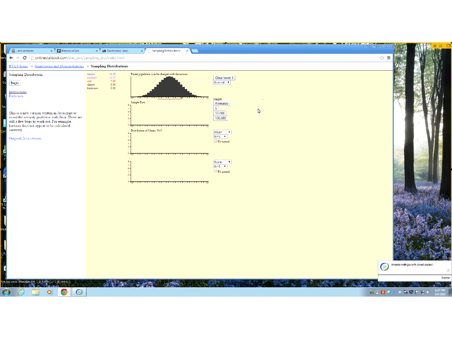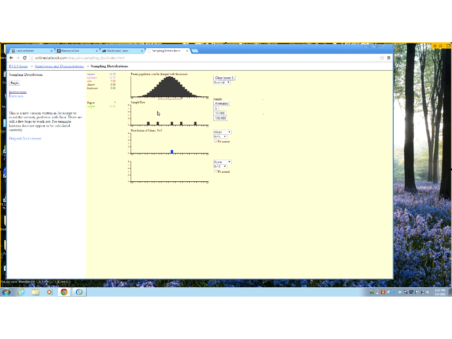So look at this animation. I am taking a sample of size 5. Let me go ahead and clear that. So I'm going to take a sample of 5 from my population. There's my sample, 1, 2, 3, 4, 5. What is done with those 5 values is that we calculate the mean.